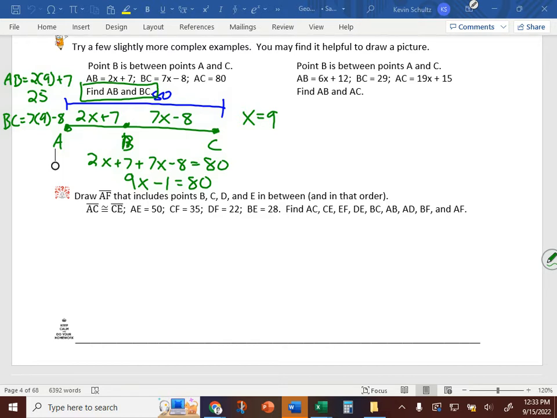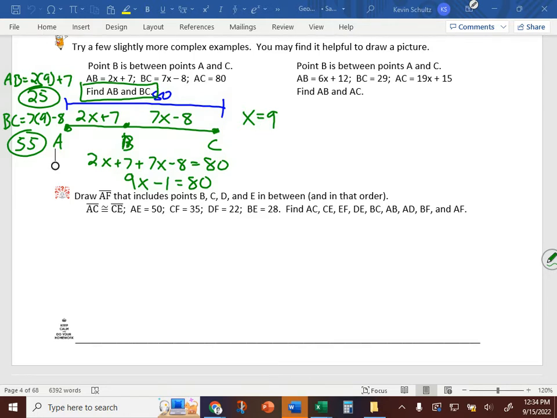Thank you, Alexis. Okay. And you can check yourself to make sure that you're right by adding these two together and seeing if you get 80, which you do, which you should.